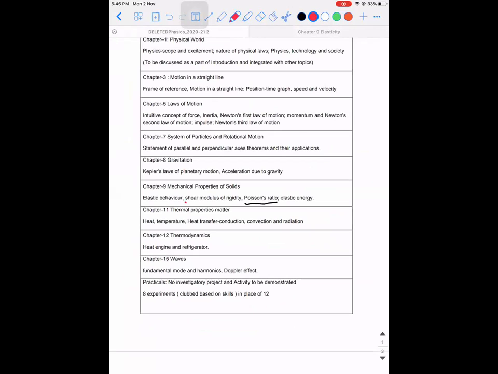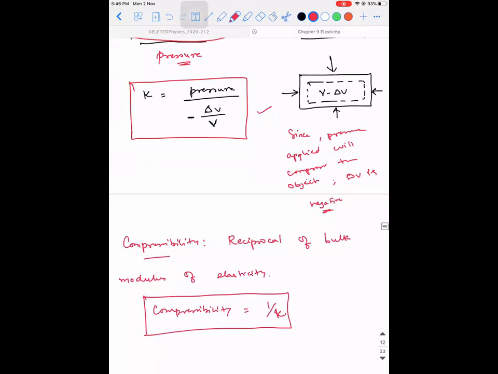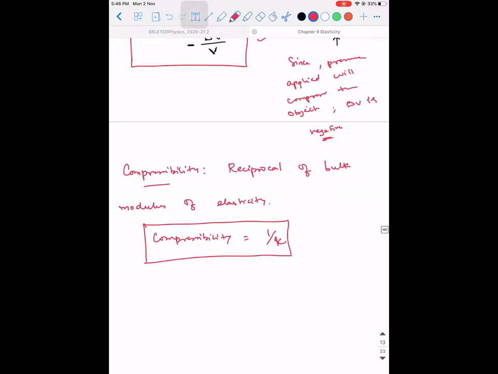So the next one is shear modulus of rigidity, that is removed. Elastic energy is removed. Elastic behavior is also removed. That is the graph. So this chapter is actually over. According to the deleted portions, yes, it is over. Okay.